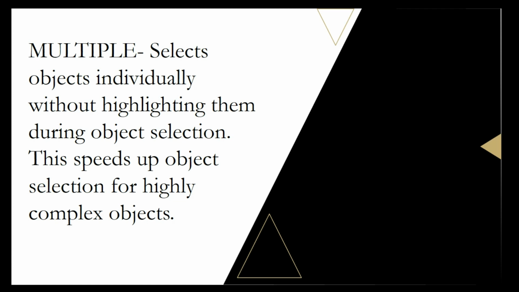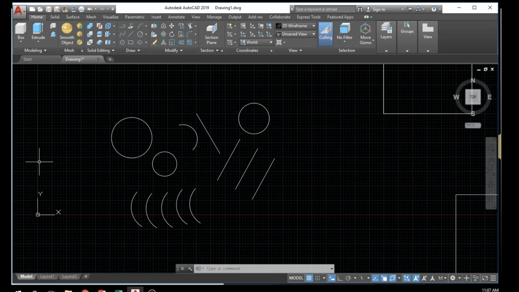Dito sa multiple, select objects individually without highlighting them. So, hindi na natin hina-highlight siya. This is to speed up object selection from highly complex objects. Pag mga komplikadong object daw.